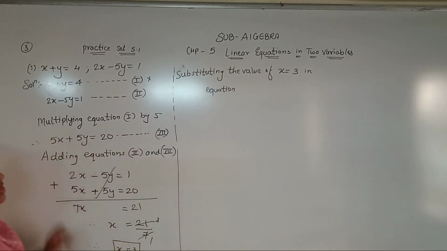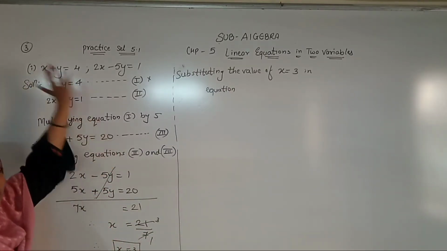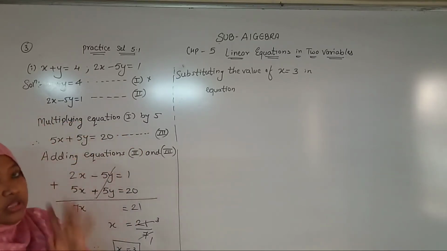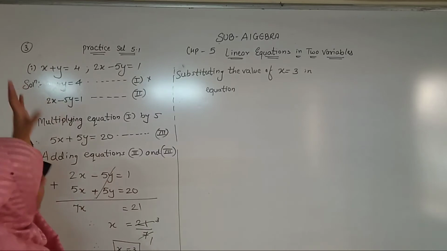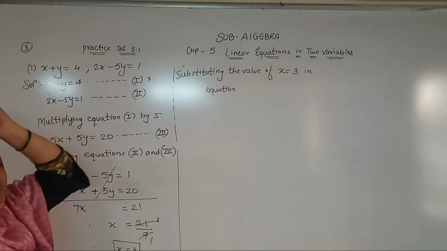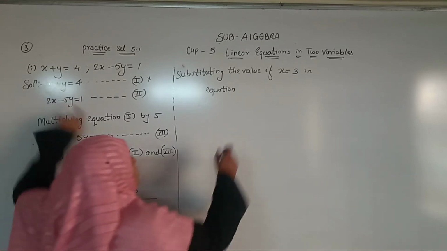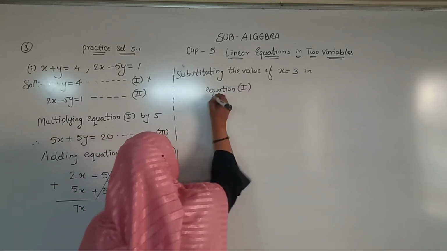Now I have 3 equations, equation 1, 2 and 3. In any of the 3 equations I can put the value. So I am taking my easiest equation, so I can get the value of y easily. That is equation number 1. So I am putting my value of x in equation number 1.